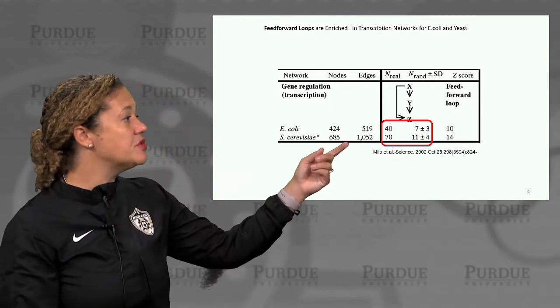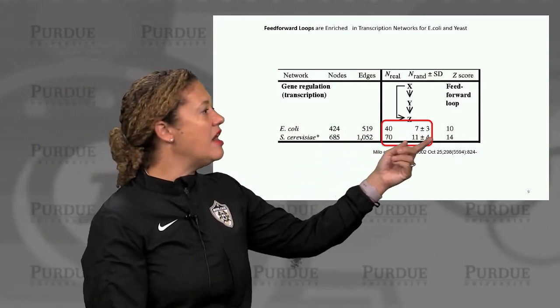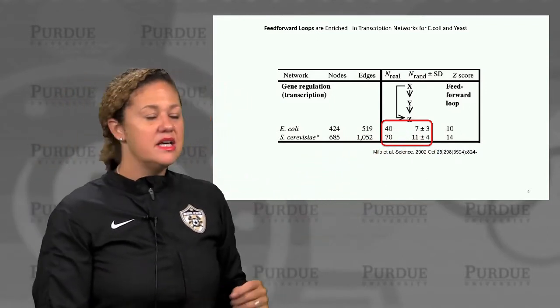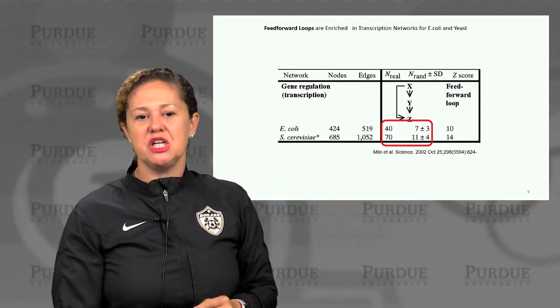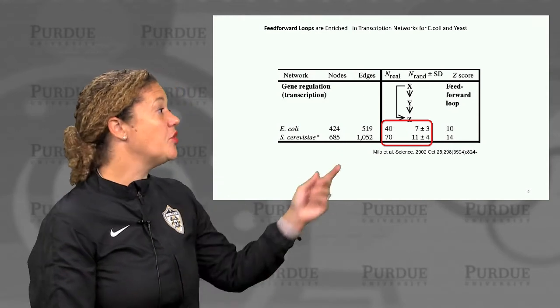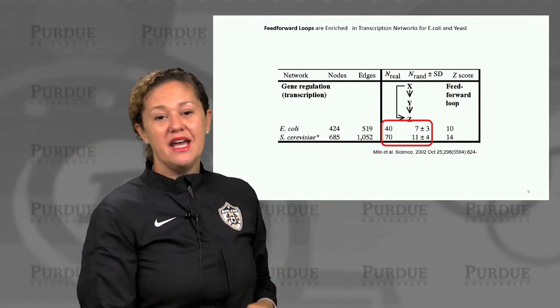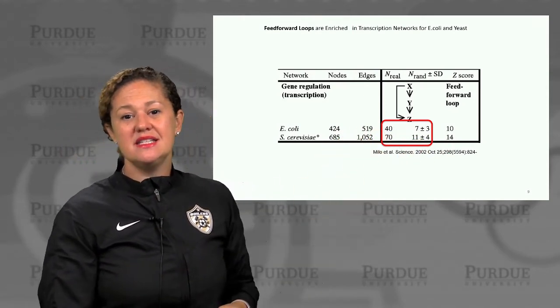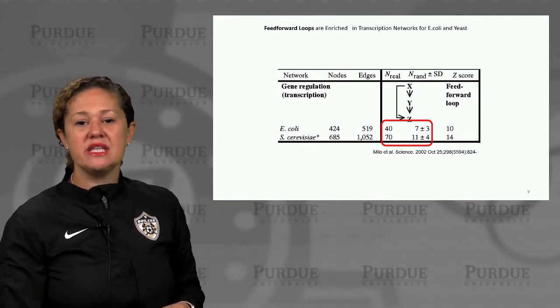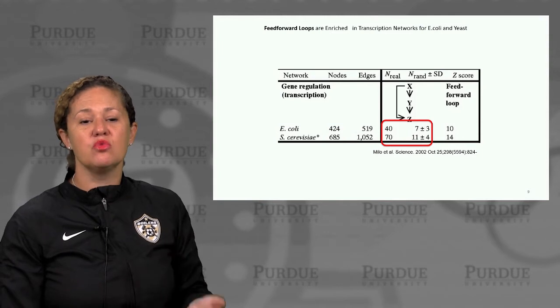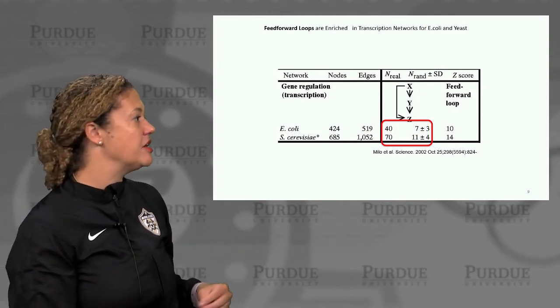And so now you can do the statistics and calculate the Z-score and say, are your feed-forward loops enriched in your real network? 40 is clearly bigger than 7 and shows that there's a statistical difference in our real network. So we can say that feed-forward loops are enriched in that real network compared to random.